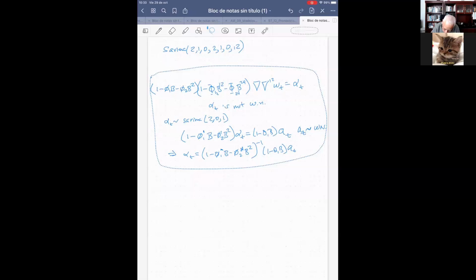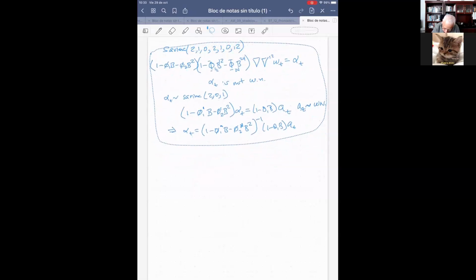Move it upward a little bit, so I have more space down here. So I'm going to select this equation, but instead of making it equal to alpha t, I'm going to make it equal to what alpha t is in terms of the model.